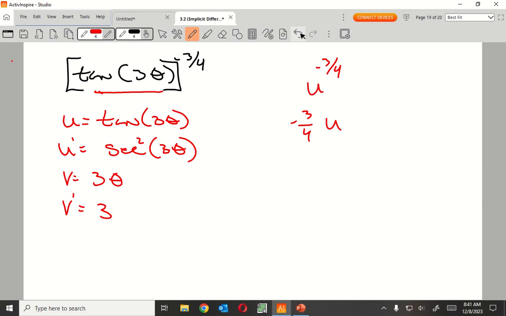Because the common denominator is 4, so it's subtracting 4 over 4, right? Okay, so -7/4 times u prime, so it's going to be my secant squared of 3 theta times v prime, derivative of the inside, which is 3.